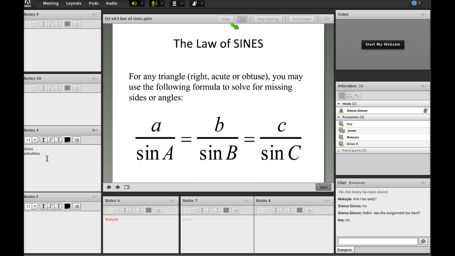But when you do not, and you want to find angles or sides, you have to use the law of sines, okay? All right. So this is all it is. Side A over sine A, side B over sine B, and side C over sine C. That's it. They all equal each other.